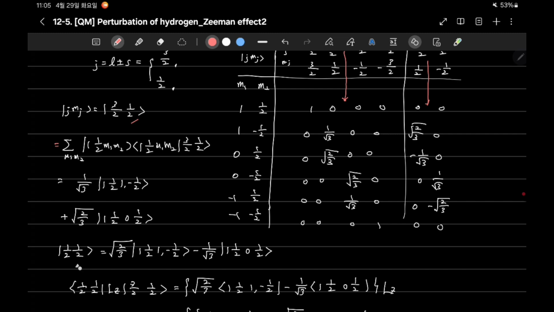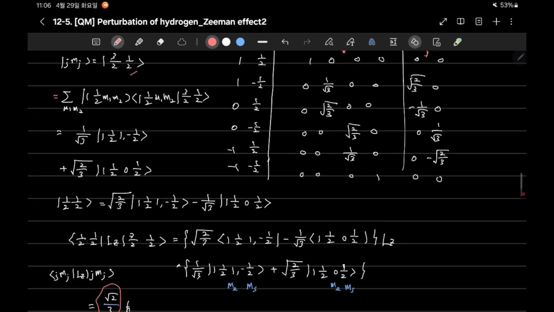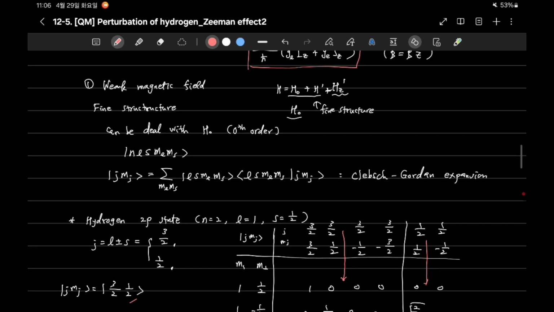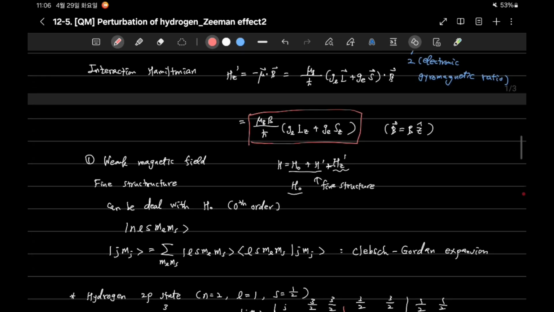In the other example, in the same manner, the non-zero term comes from the orbital magnetic quantum number and spin quantum number 1, -1/2 and 0, 1/2 case. There are so many terms like this, and here because this perturbed Hamiltonian contains L_z and S_z, we should have the expectation value over all kinds of uncoupled bases.